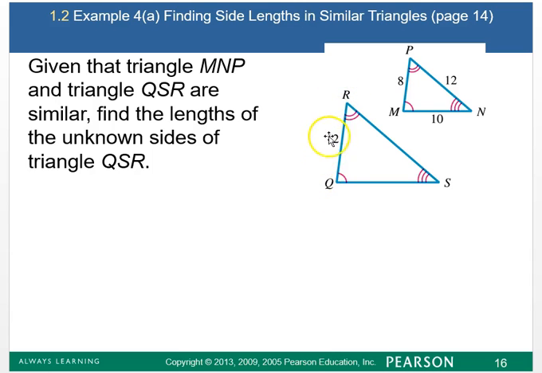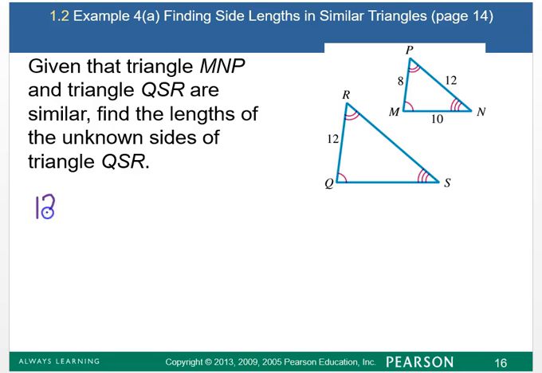QR and MP are corresponding sides. So we can set up a ratio to figure out all the other sides.